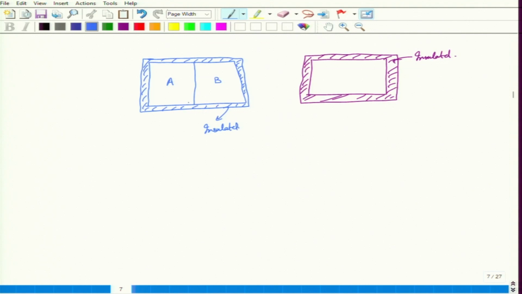The only difference is the wall that separates A and B. Let's say this wall is adiabatic and this wall is diathermic, as I already discussed.